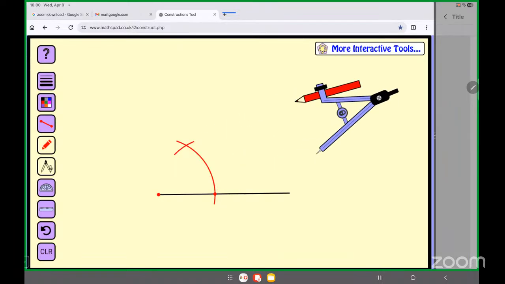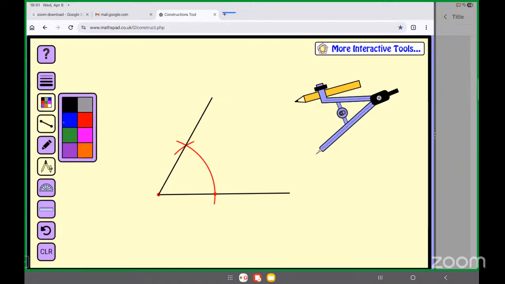I put a straight line through here, through the intersection of those two arcs. That is 60 degrees. If I want 30 degrees, I need to bisect that 60-degree arc, because that arc is subtended by a 60-degree angle.